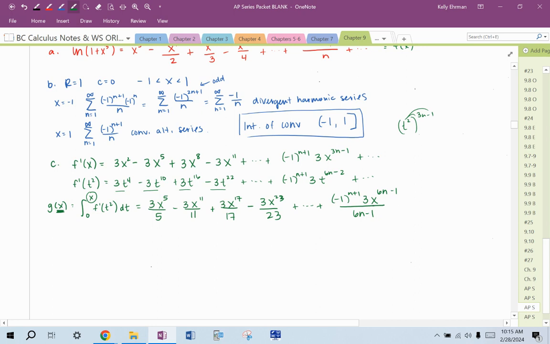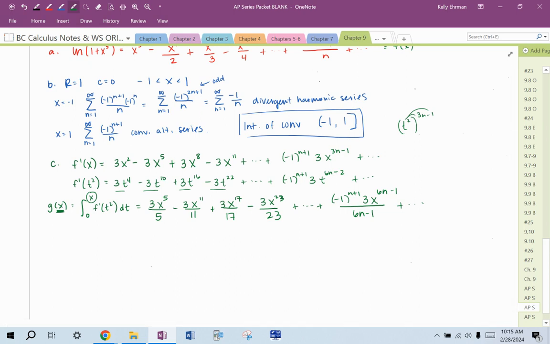Now, did I get that right? Double check here. So if we plug in 1, we get positive 3, 6 minus 1 is 5. Yes, so that does work out. Plus dot, dot, dot. So you can double check your general term, make sure that it starts correctly.